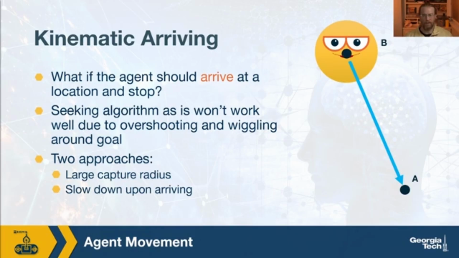And that can still be pretty small. Visually, the game player might not even notice the size, but it'll depend on your game. The other thing that might be nice is to have the agent slow down upon arriving. That would be reasonable behavior for arriving at a location, not to just instantaneously slam on the brakes.